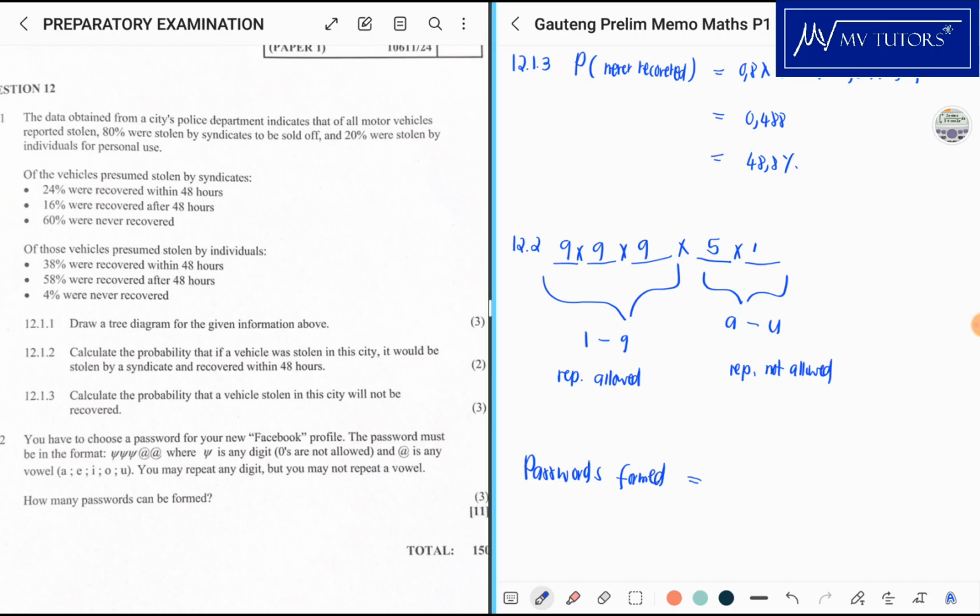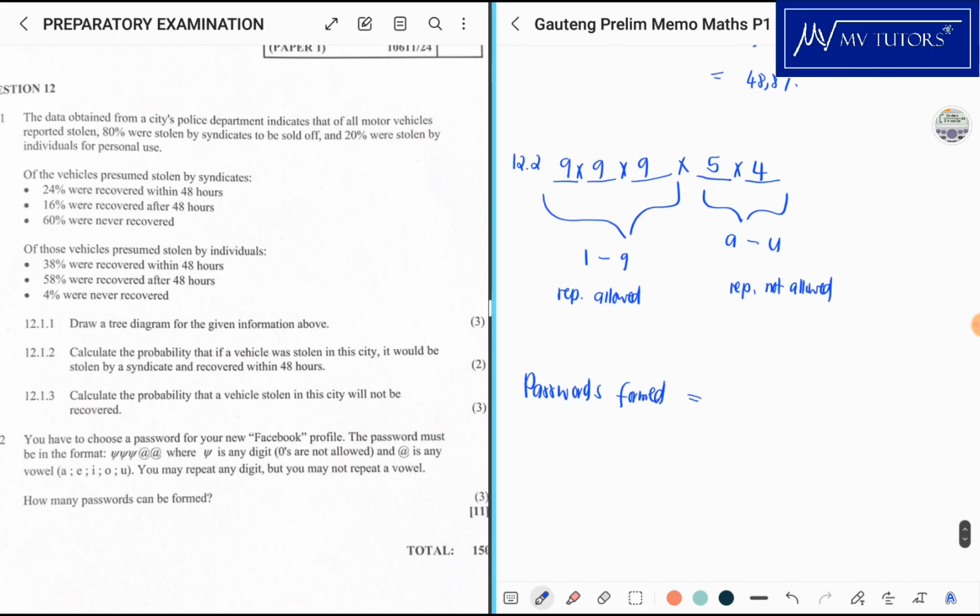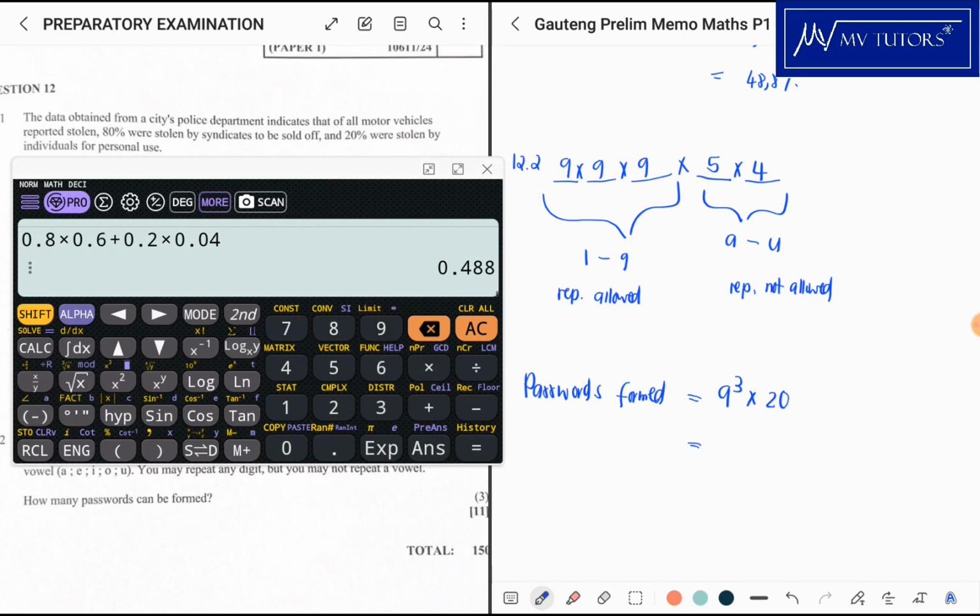Then after I've used 5, then I have 4 available. Okay, so I have 9 to the power 3 times 20. 9 to the power 3 multiplied by 20. So basically I have 14,580 possible passwords that can be formed.